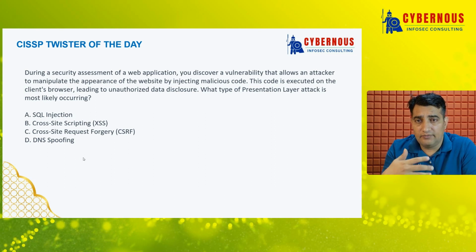The controls I have mentioned are not holistic, I am just touching upon those aspects. If you want more insights, we have detailed videos on each and every vulnerability in our CISSP Success Toolkit.